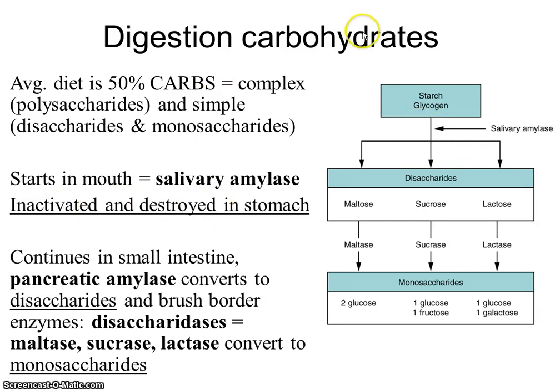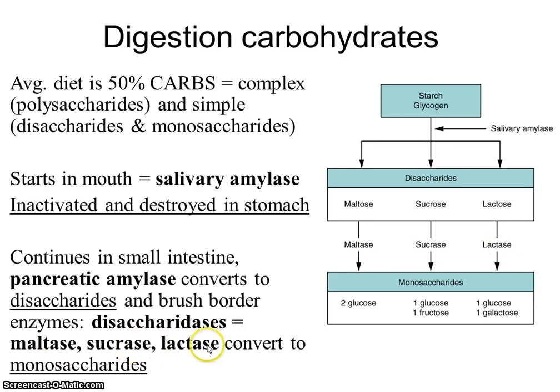So carbohydrate digestion continues with pancreatic amylase, which converts the carbohydrates to disaccharides: maltose, sucrose, and lactose. Now, it turns out that the brush border absorptive cells in the small intestine have these enzymes called disaccharidases, shown here: maltase, sucrase, and lactase.